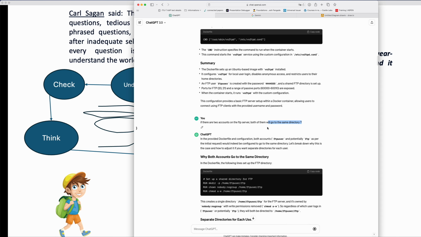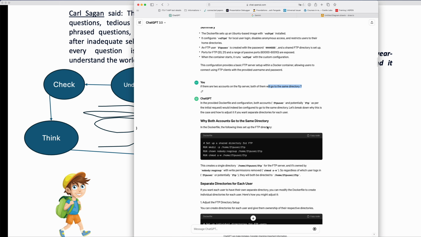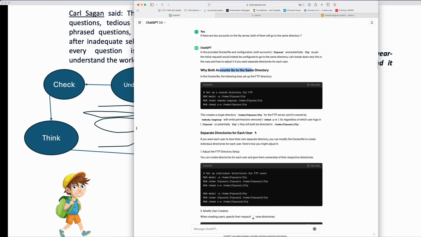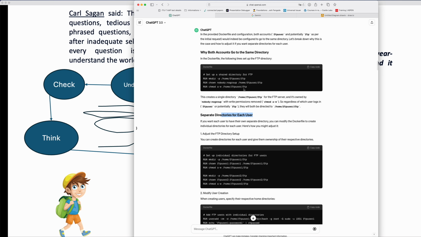And then I started to talk with the AI. It gave me information saying that sometimes we need this and sometimes we need that, which means sometimes we provide a separate directory, but sometimes we send every user to the same directory.